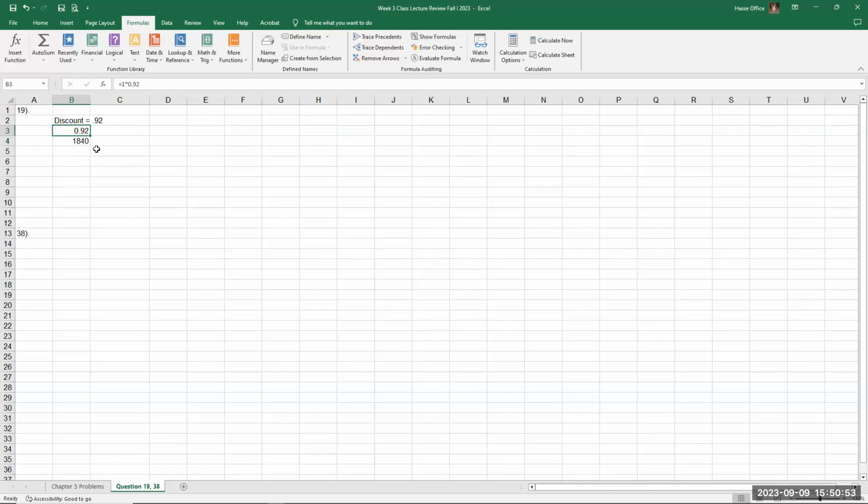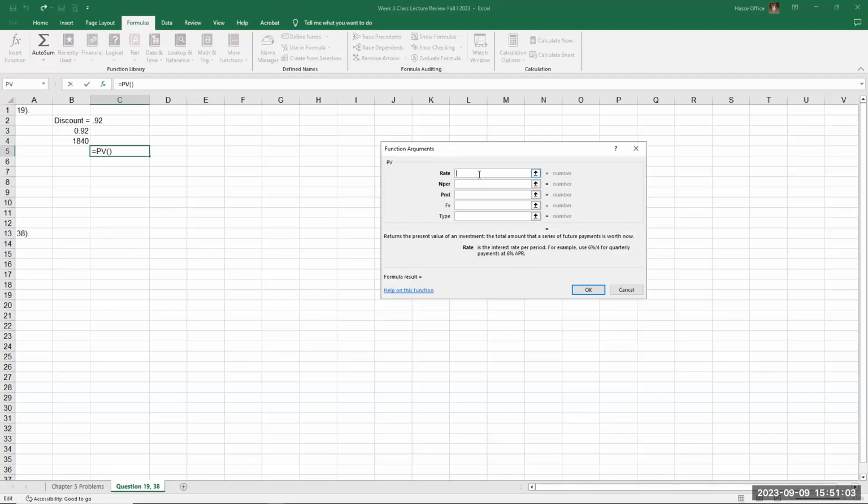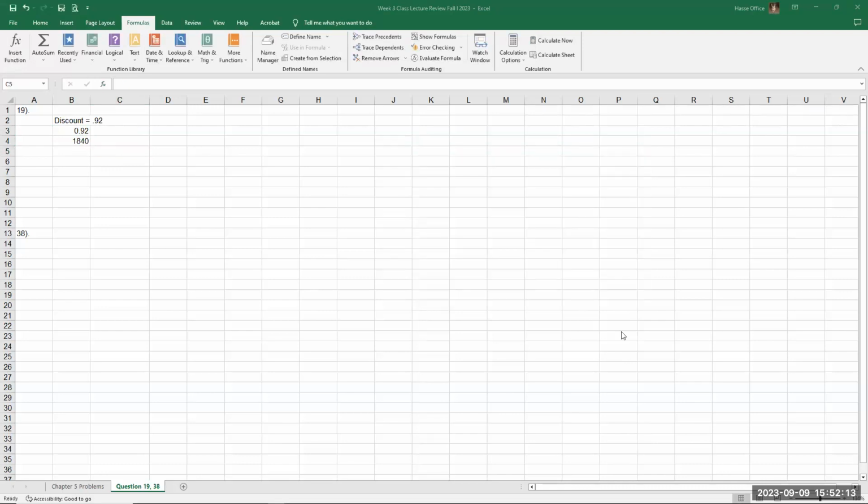Remember, last week we did it this way: function, present value, we put our discount factor in. So the discount way is another way of doing the problem by just taking 0.92.